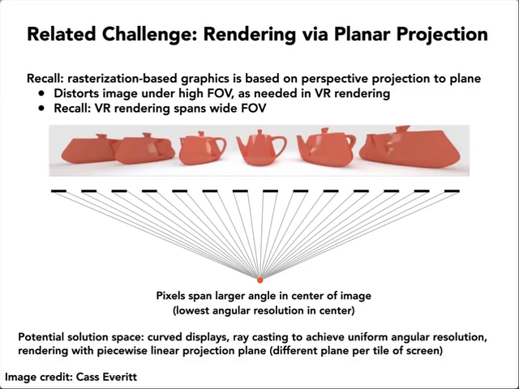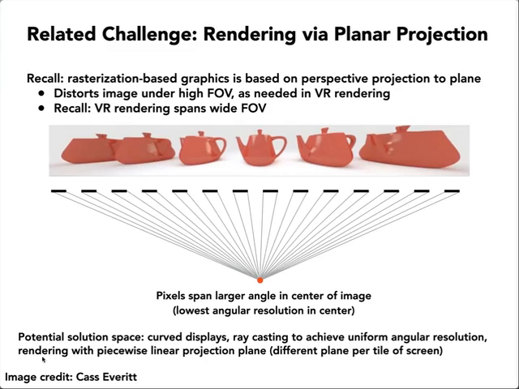So potential solutions might be, instead of rendering to a flat display inside your headset, to imagine having a curved display. Easy to say, hard to engineer. You might use ray casting to achieve uniform angular resolution instead of uniform resolution on a plane in this perspective projection.